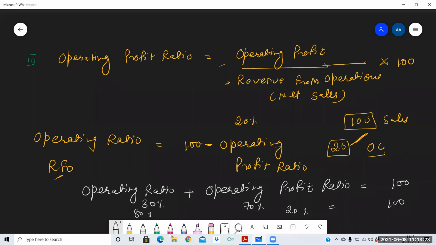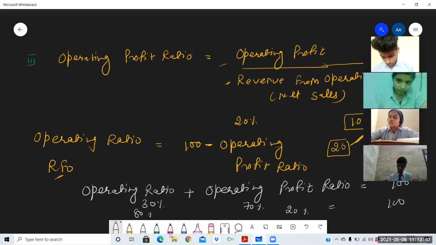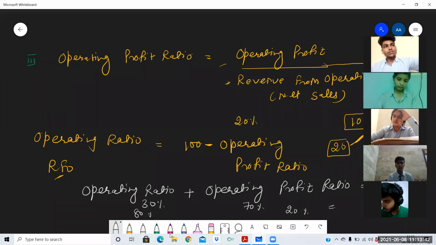So this type of question can come in one marker, where one ratio will be given, either the operating ratio or the operating profit ratio, and the other one you need to find out. So remember, operating ratio plus operating profit ratio is always equal to 100, and operating ratio means operating cost ratio.